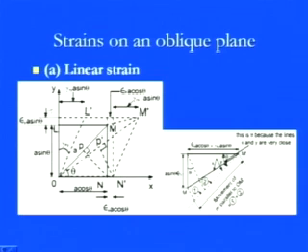After applying those strains, if m is shifted to m dash, n is shifted to n dash, and L is shifted to L dash, then we have the new element under the application of shear strain, O L dash m dash n dash. Now we can simply compute how this will come. Here the shear strain is gamma xy. The shear strain always comes into the picture whenever there is a deformation, or we can say distortion.